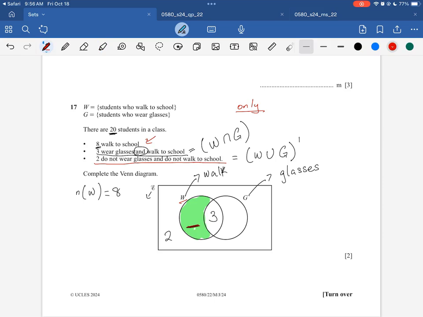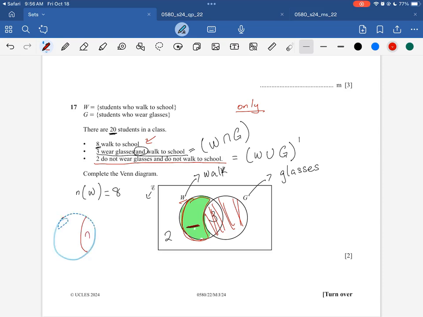Remove the intersection, and only is this portion. So only will be the total minus the intersection.